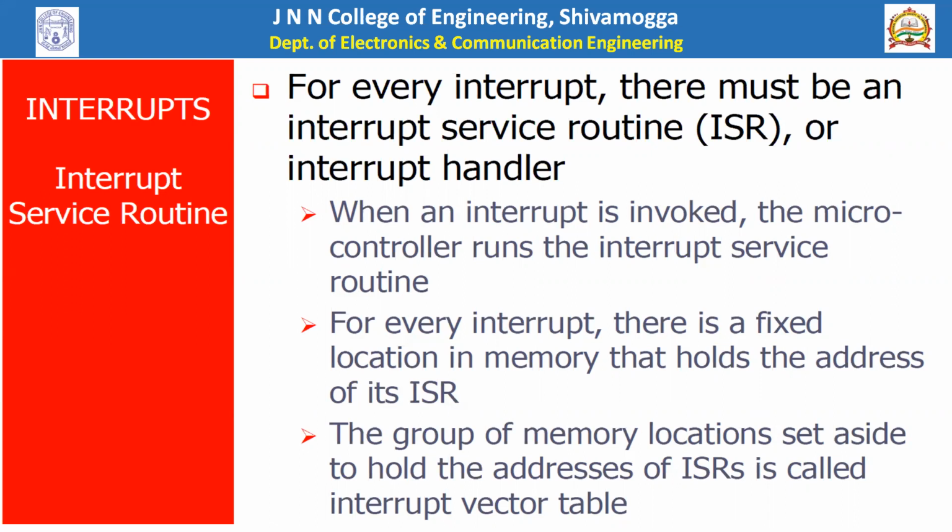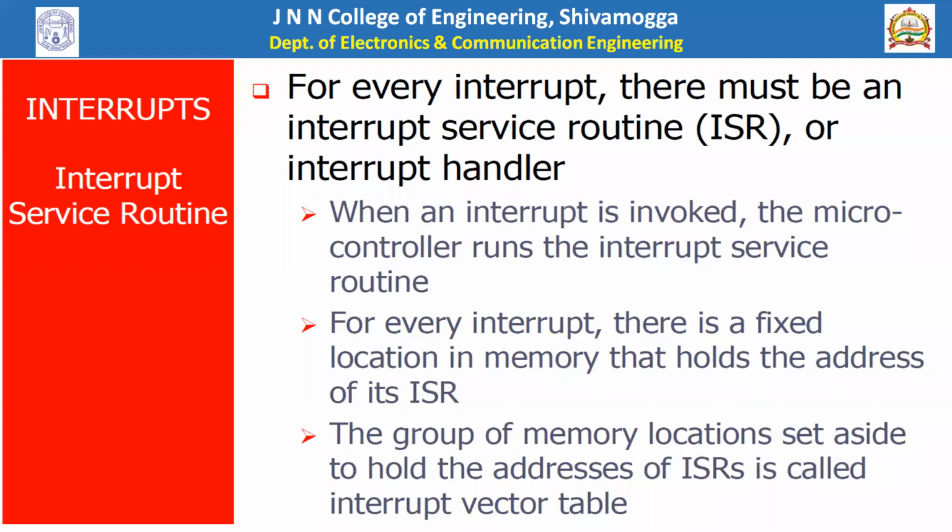For every interrupt, there must be an interrupt service subroutine. When an interrupt is invoked, the microcontroller runs a special subroutine called the interrupt service subroutine. For every interrupt, there is a fixed location in the memory which holds the address of its ISR.